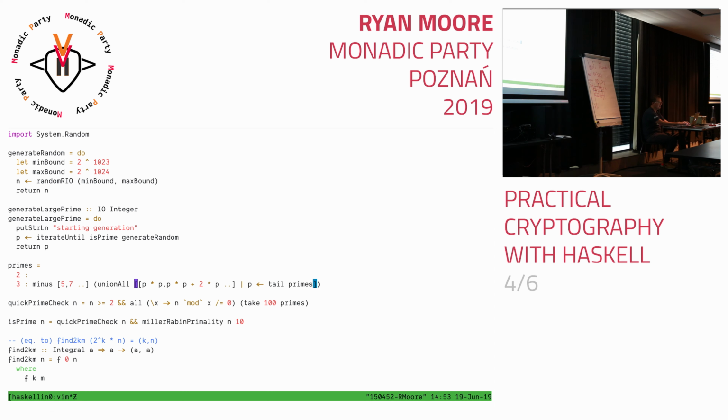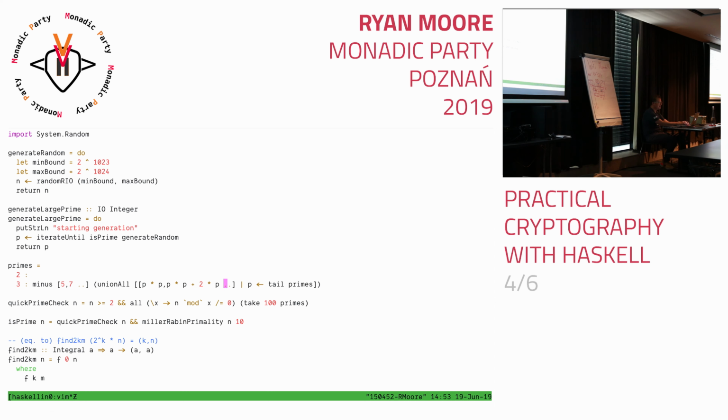And then we have here another generated list, p times p, comma, p times p plus 2 times p going forward.